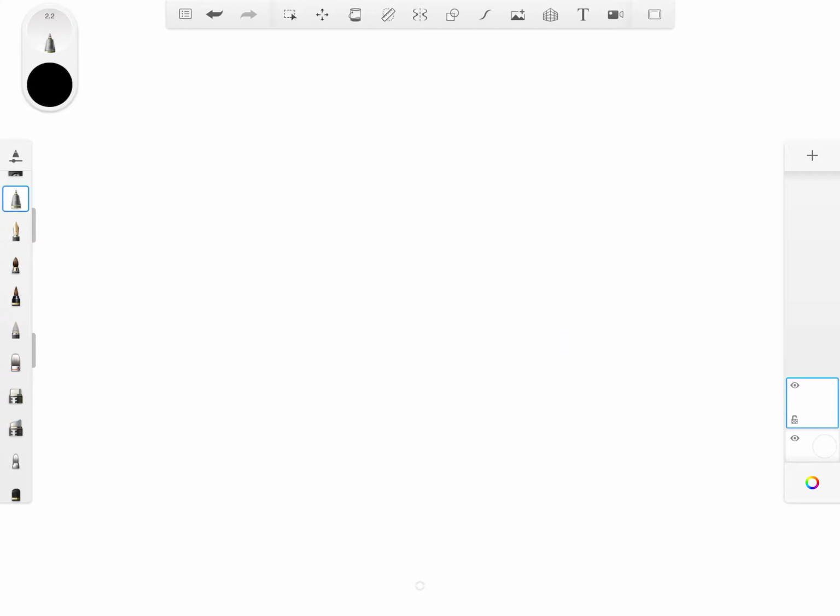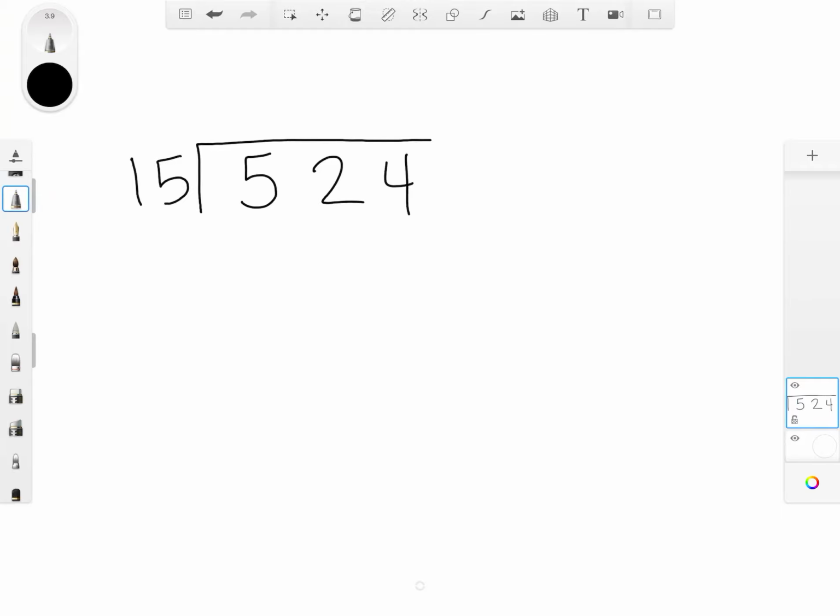Okay, now we're going to clear that, and we'll use the standard algorithm. So let's say we have 524 pieces of candy, and we're going to share that equally with 15 people.